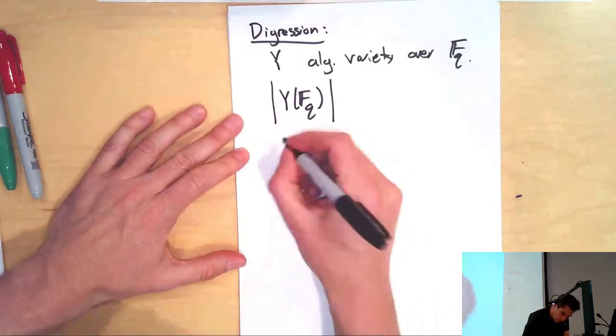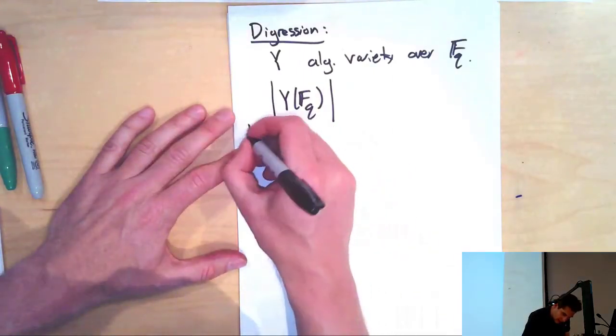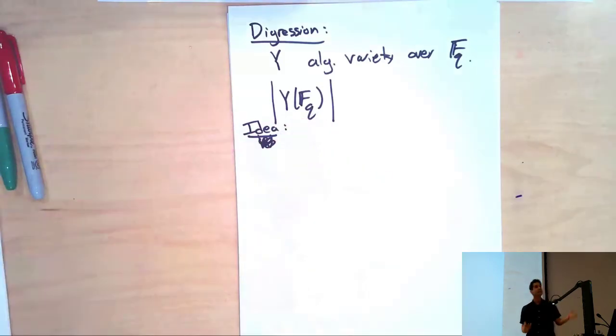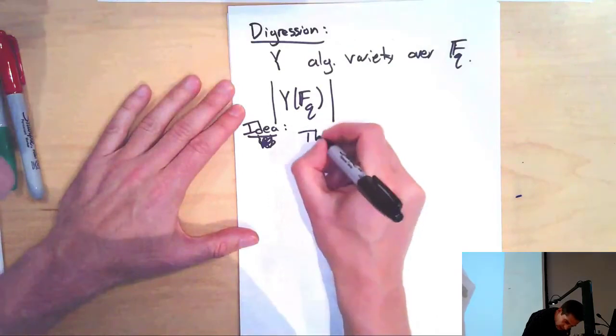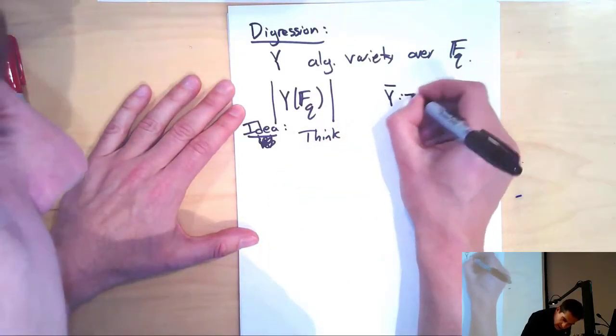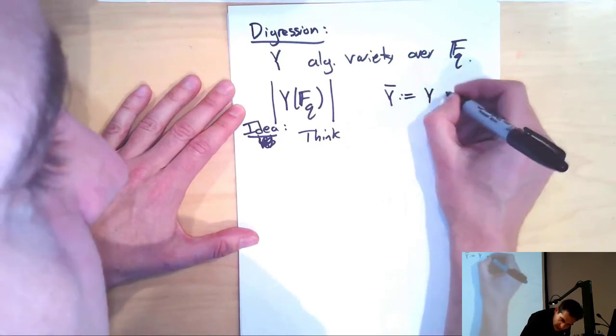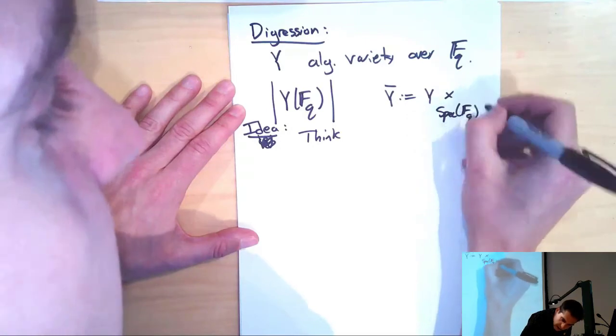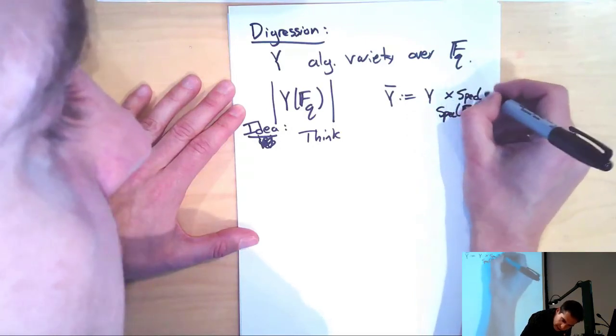So let me describe Weil's idea for how to count a set like this. So the idea is to think of, well, first let's let Y bar be the same variety, but viewed not over a finite field, but over its algebraic closure.